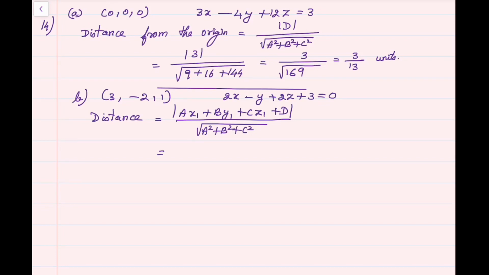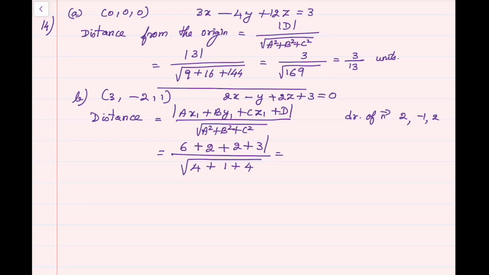Let us substitute this point in the plane equation, that is the numerator. 2 times 3, 6, minus of minus 2 plus 2, 2 times 1 and plus 3, divided by root of the DRs of normal, which are 2, minus 1, 2, the coefficients of x, y, z. So, 2 square plus minus 1 the whole square plus 2 square, and we have the absolute value sign. So, it is 13 divided by 3 units.